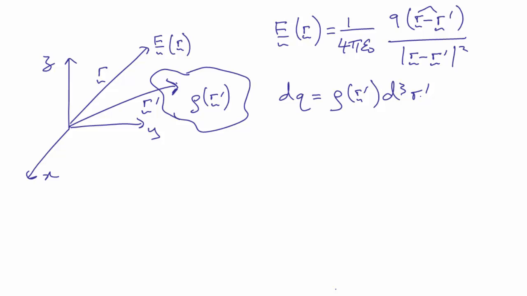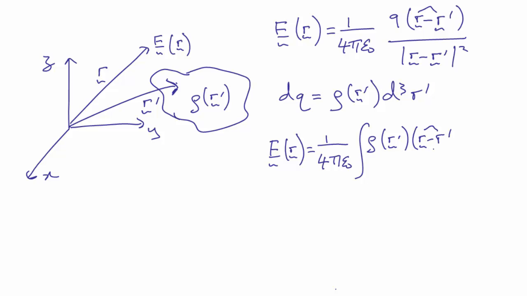If we were then to substitute this expression for dq into our electric field and integrate over the charge distribution, we would obtain the following expression. And this becomes really our most general expression for an electric field.